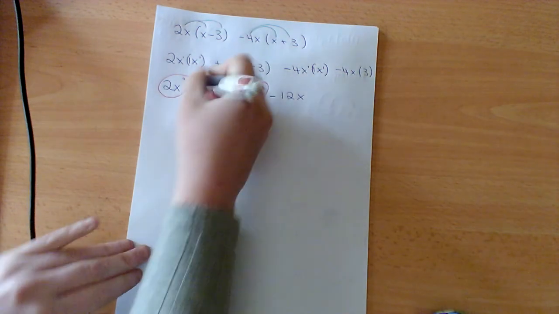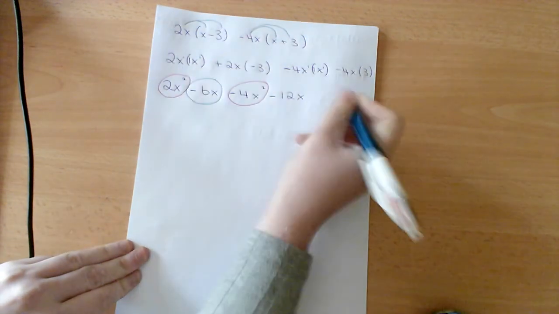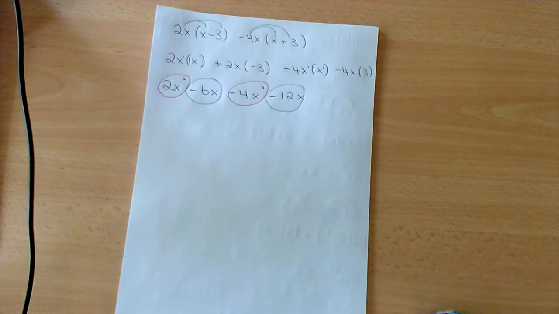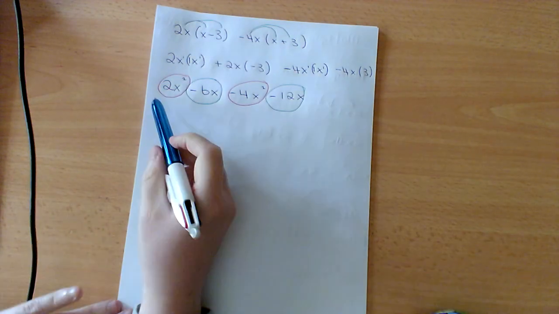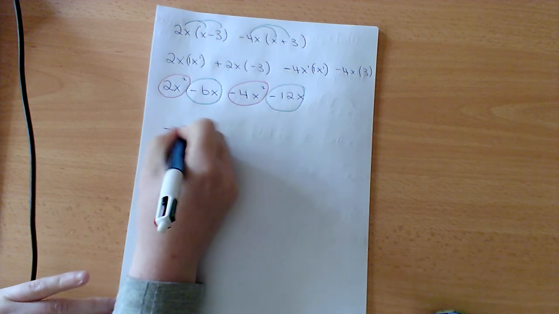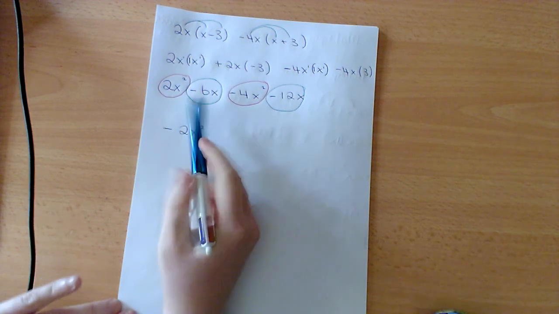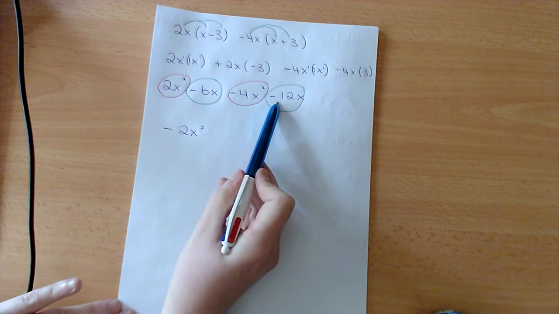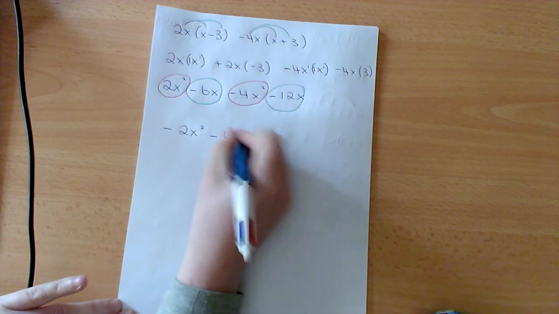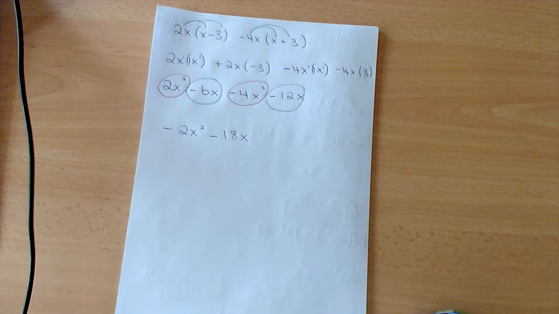And I have then my minus 6x, I can match that with my minus 12x. They can go together. So now, if you're unsure of your signs, you can put into your calculator 2 take 4. That will give me minus 2x squared. And here I have minus 6 minus 12. You can put that into your calculator, and you will get minus 18x. And that is the sum fully simplified.